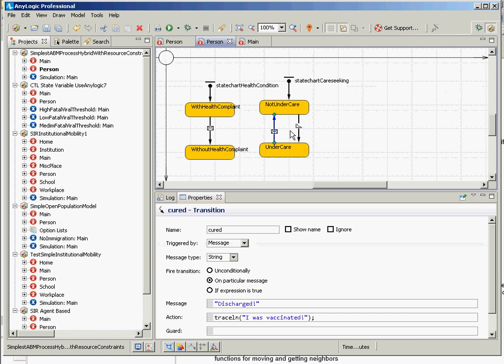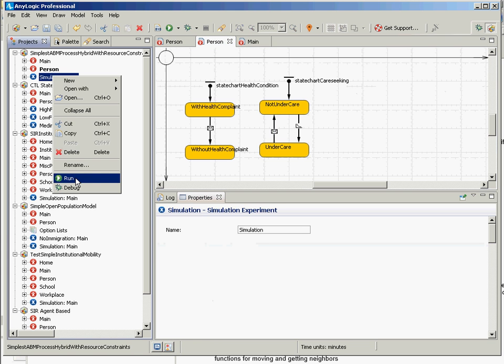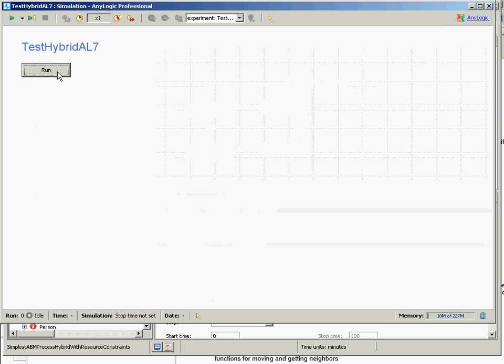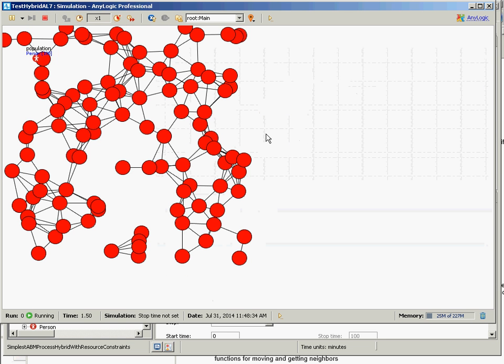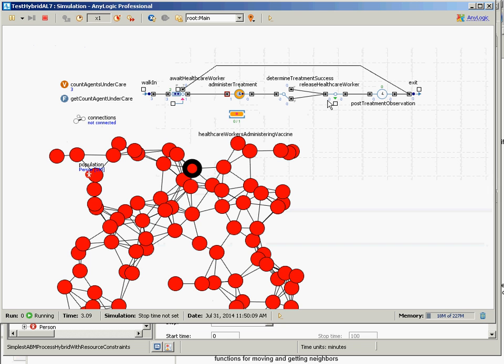In other words, are they in this process at the top here or not? That's what's kept track of, and we can drill down here. So this person is located right now up here, as well as being in the population.